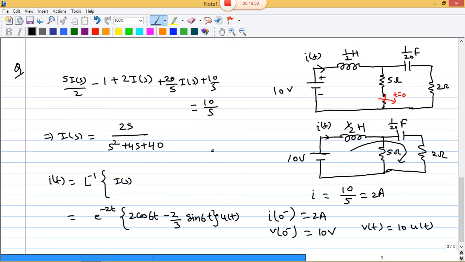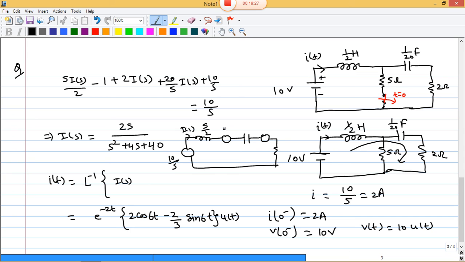So our system, we can represent in Laplace form like this. So here I(s) is flowing. Now 10 by s will be there, and this one will be s by 2.